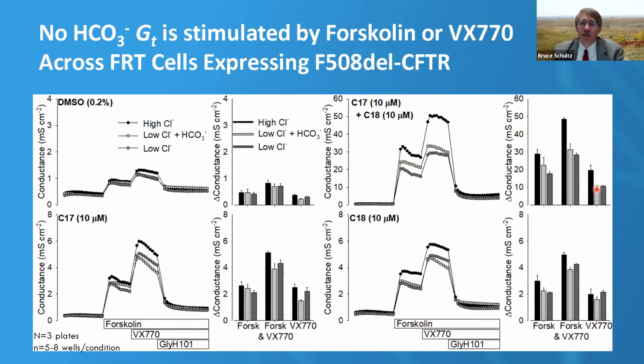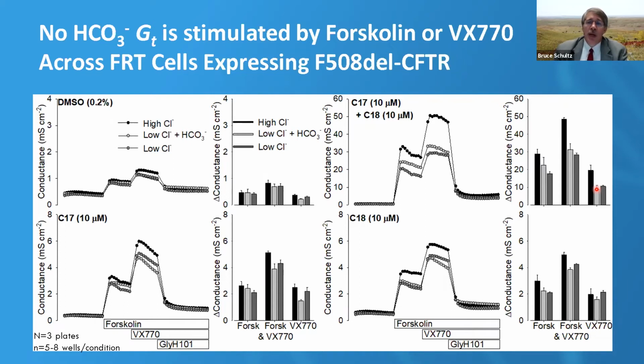So overall, we're seeing a very distinctly different pattern in bicarbonate conductance. There's not any evidence that really drives one to believe that there is substantial, or in some cases, even any bicarbonate conductance in the 508 deleted cells when exposed to either the first-generation or the second-generation corrector alone.